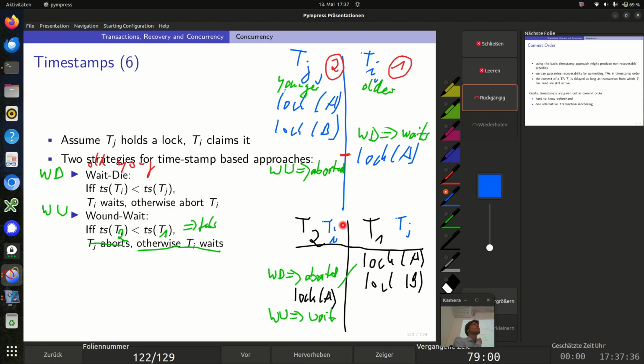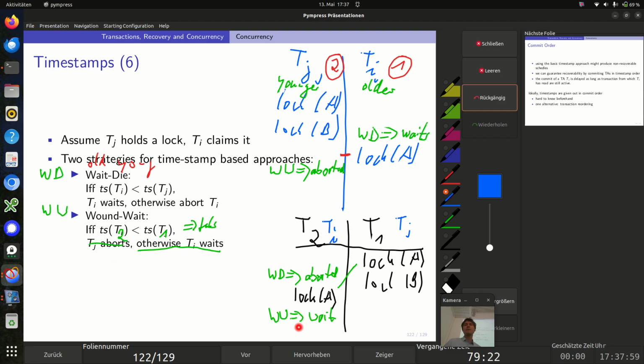Based on the third one, we say that Tj evolves. Based on the definition of wound wait, Tj should abort, as Tj is T1. That's the definition.